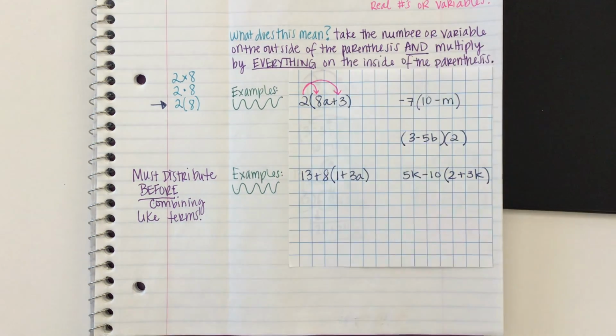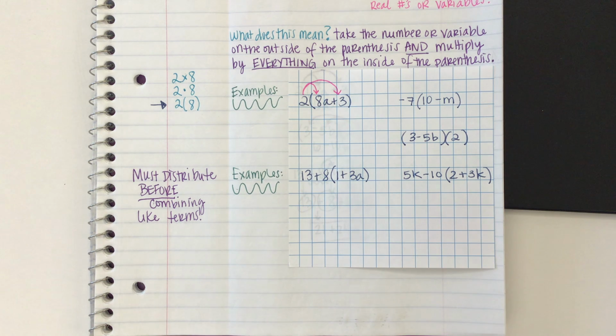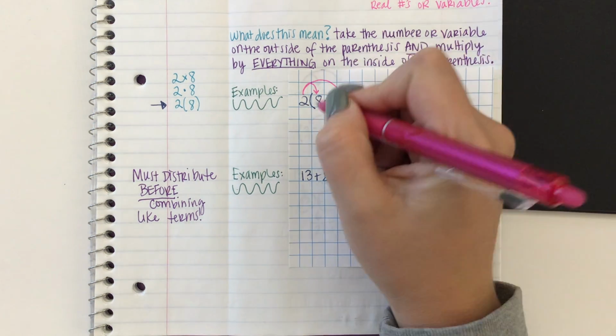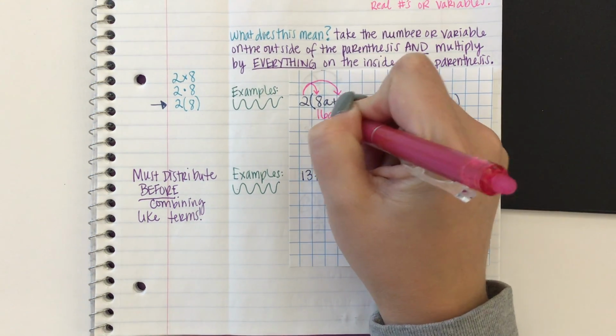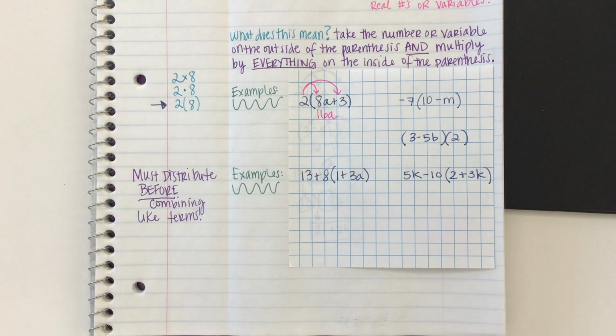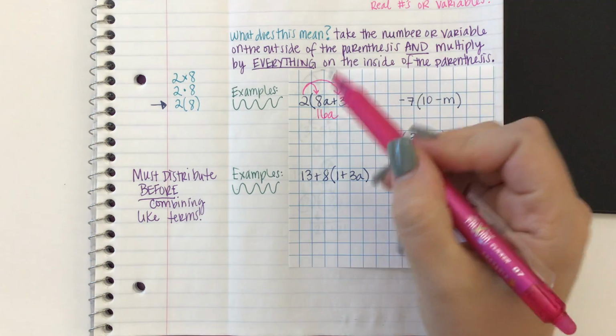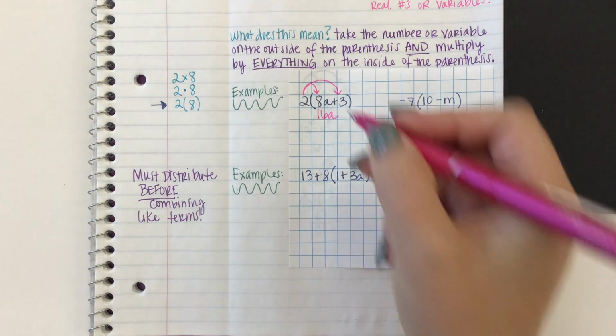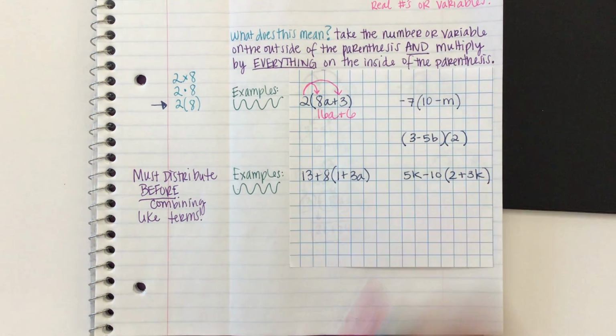The arrows help me know what I'm distributing to where and what I'm multiplying with what. So we have 2 times 8a, which is 16a. You just kind of leave the letter at the end, so you multiply the numbers and you leave the variable. And then I have 2 times positive 3, which is positive 6.